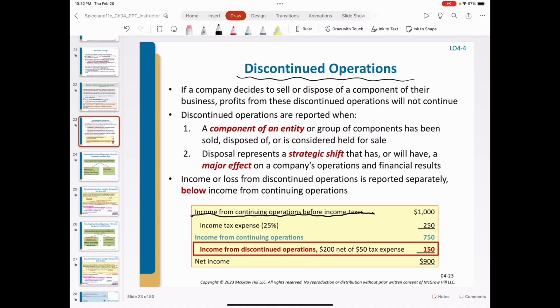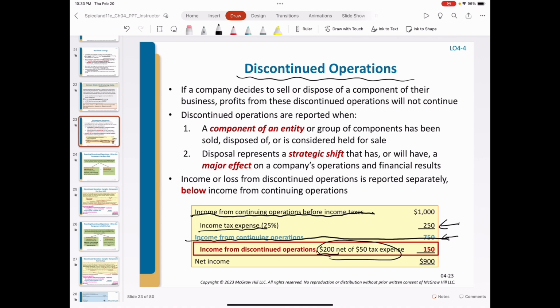So after we subtract income tax expense, this section above is income from continuing operation. Following this section, we will report the impact of discontinued operation on the earnings or income statements. Since we have subtracted the tax, 750 was a number after tax. So when we report the impact of discontinued operation on earnings, we should also use the number after tax.